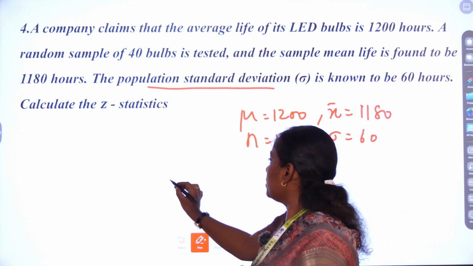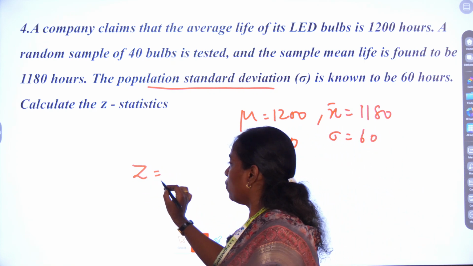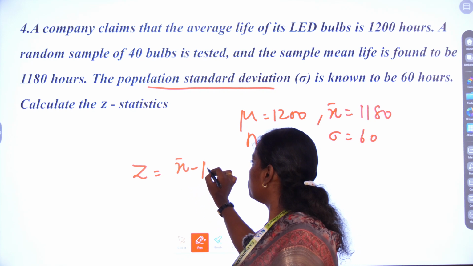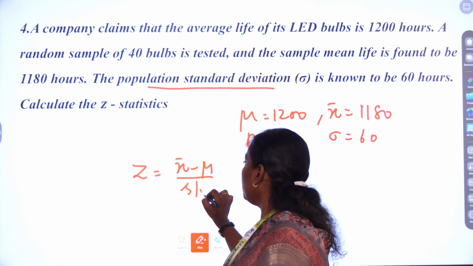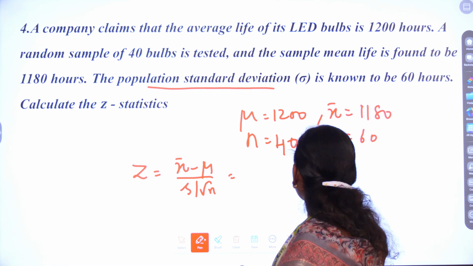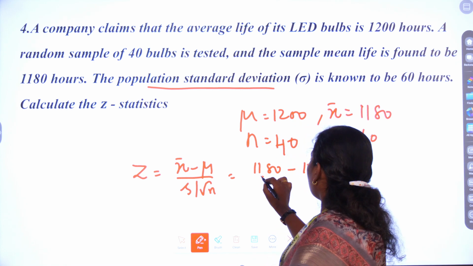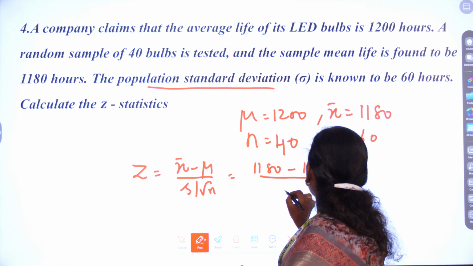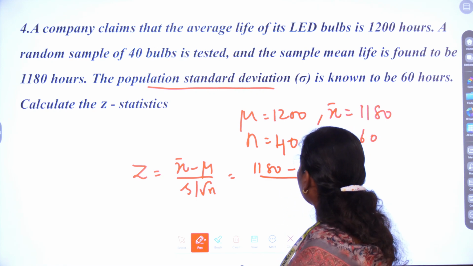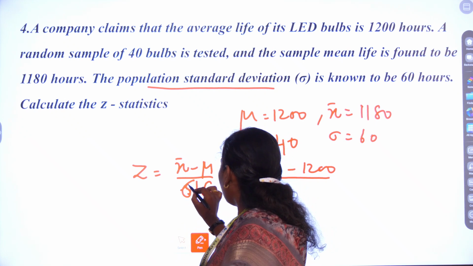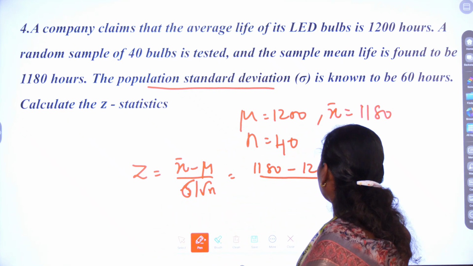Now let us move on to the Z test. So the test statistic is Z is equal to X bar minus mu divided by S by root n. So what is your X bar? 1180 minus 1200 divided by S. Instead of S they have given sigma, so here you can take it as sigma, right?